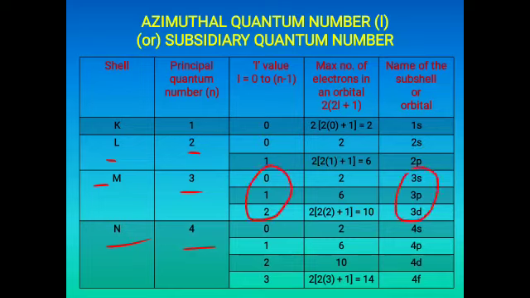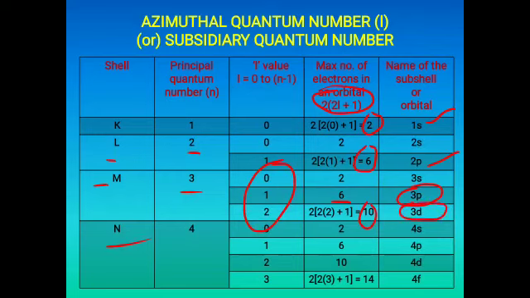For M shell, principal quantum number value 3, azimuthal quantum number values, that is L values, 3 different values are there: 0, 1 and 2. For 0, 2 electrons, that is S subshell will have 2 electrons. For 1, 6 electrons will be there, that is P subshell will have 6 electrons. And for 2, the maximum number of electrons is 10. It denotes that D subshell will have 10 electrons.